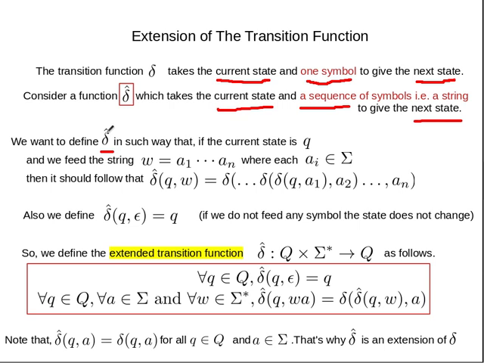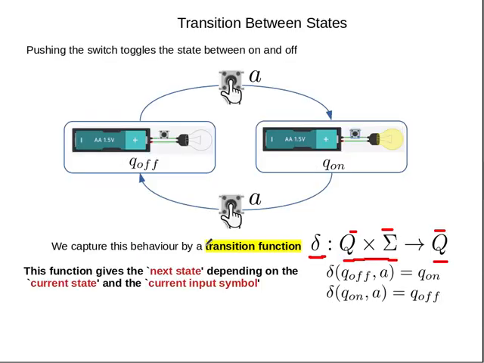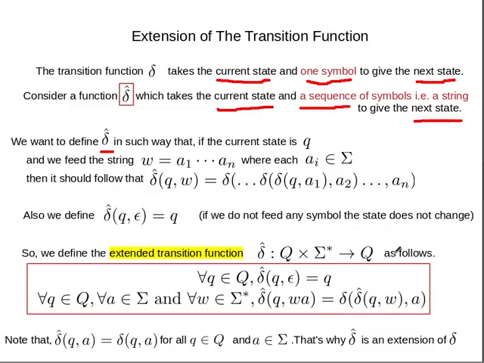Okay, so the difference is, for delta the domain was this Q times sigma, because this was just a single symbol, right? So now we are saying that we know the current state, and then we are considering a string, a sequence of symbols.